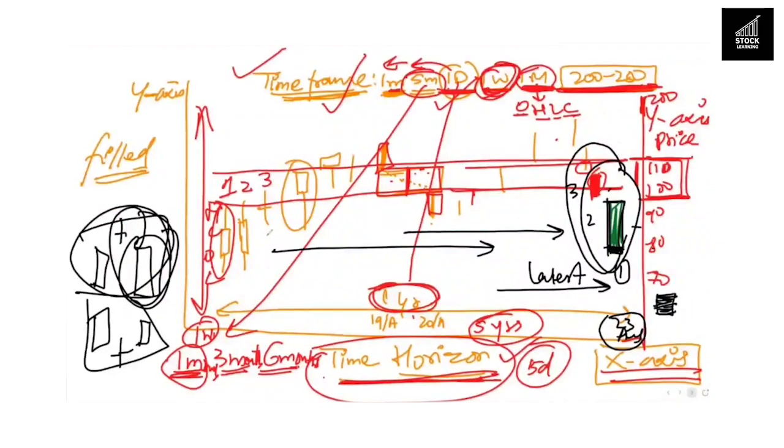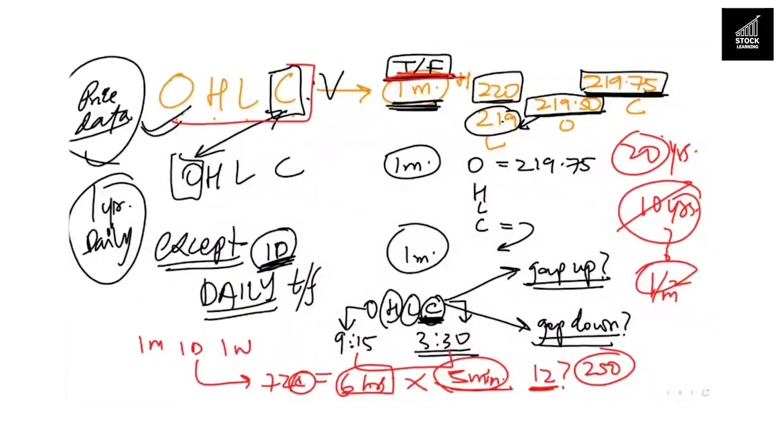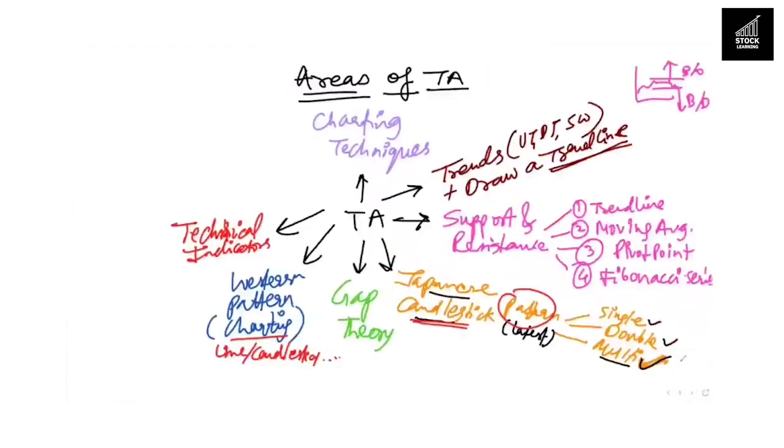So basically, if I have OHLC price data, I put an averaging formula, or a square root formula, or a squaring formula. I do something with this. I find the difference between the high and low of the last 14 days. If I apply a formula on price data, OHLC price data, that is called a technical indicator.